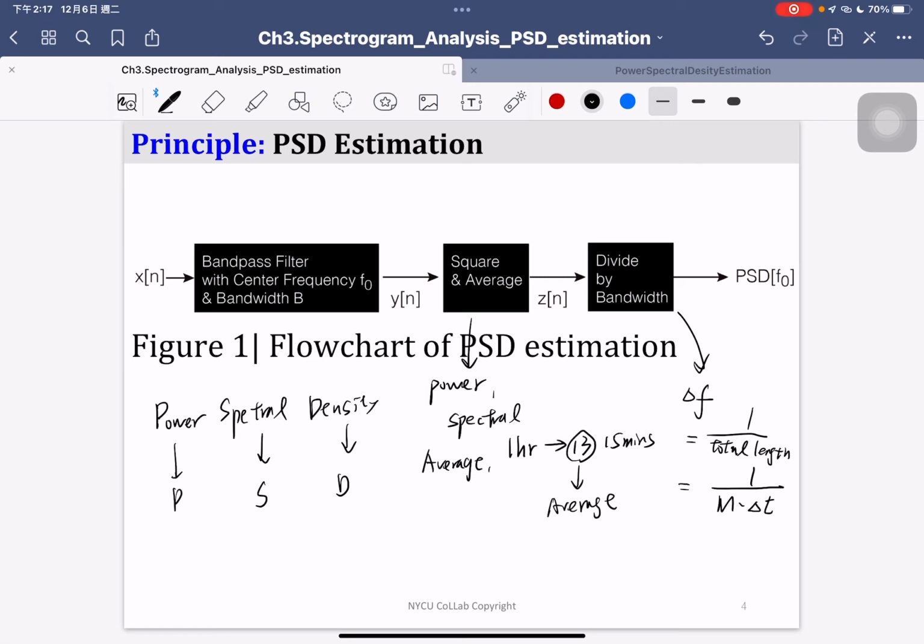Okay, so maybe we have a 10 minute break. I just emphasize you only need to know what the power, what the spectrum, and what the density are, even though you don't know how to compute the power spectrum density. Okay, let's take a break.